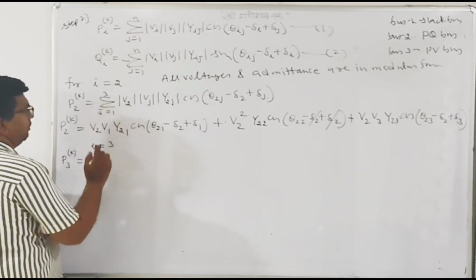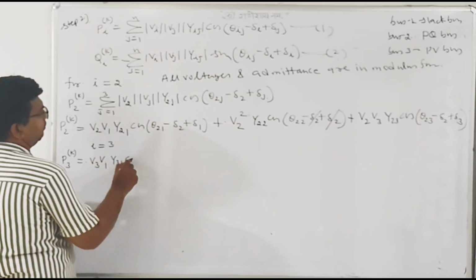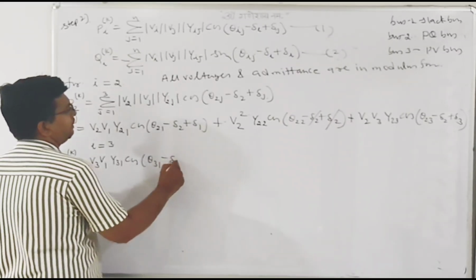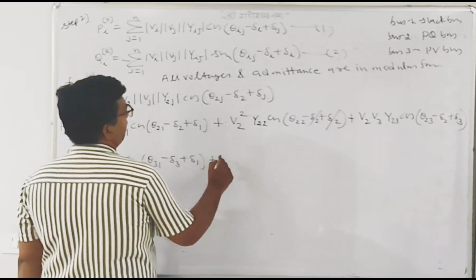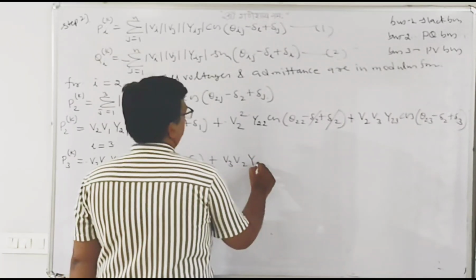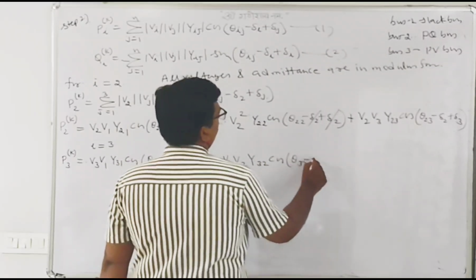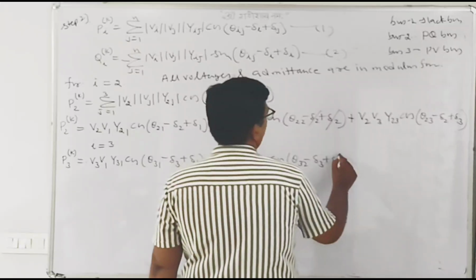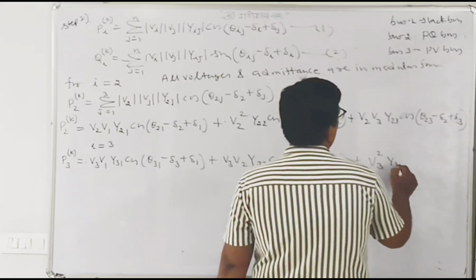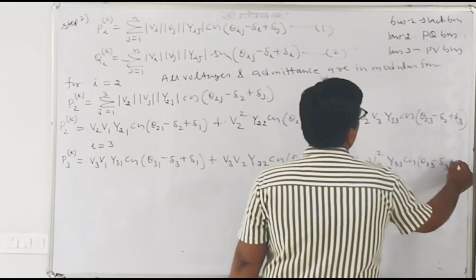What does this become? Now V3 V1 Y31 cos of (theta 31 minus delta 3 plus delta 1), plus V3 V2 Y32 cos of (theta 32 minus delta 3 plus delta 2), plus V3 square Y33 cos of (theta 33 minus delta 3 plus delta 3).